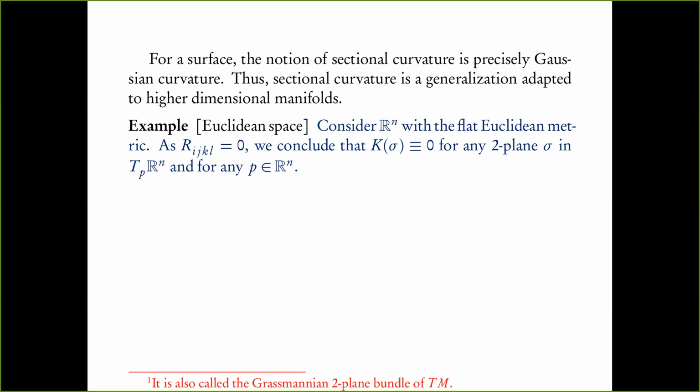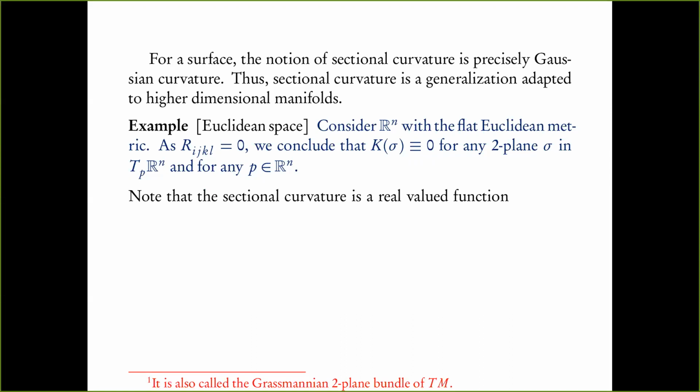From that, of course, we conclude that K sigma is also 0, because K sigma is simply going to be Rijij divided by 1, since del by del xi and del by del xj are already perpendicular. But all the Rijkl are 0, so the sectional curvature is 0 for any two plane, and for any point P. So this says that Rn with the standard Euclidean metric has constant 0 sectional curvature.